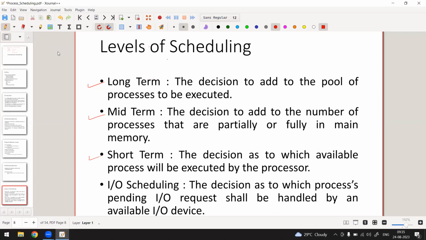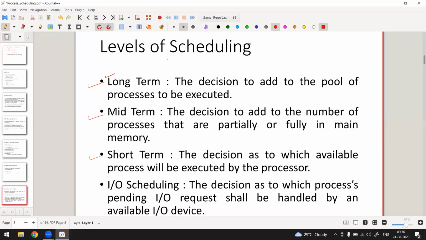When he reaches the main gate, there will be one coordinator who will tell him, okay, you want to attend this particular event, so you can go to the CS department. That is the example of long-term scheduling.